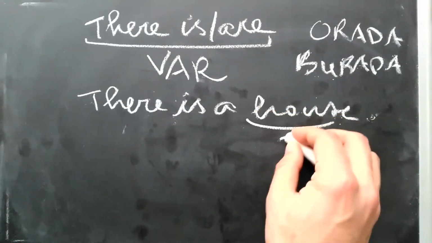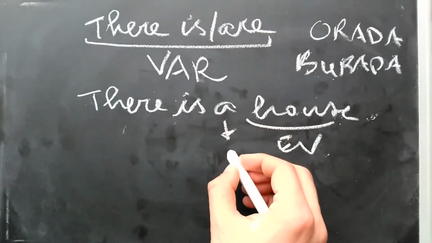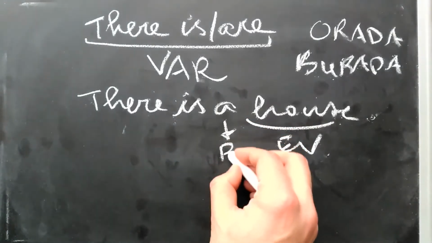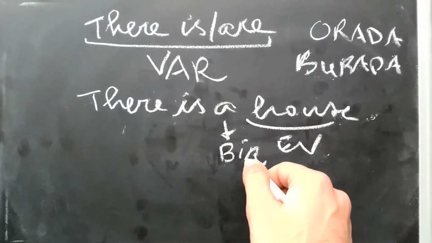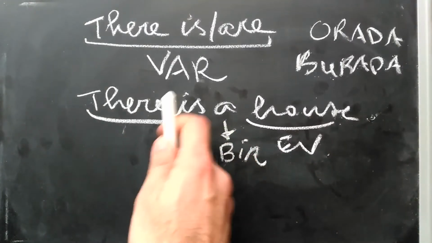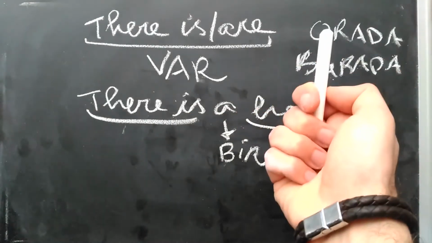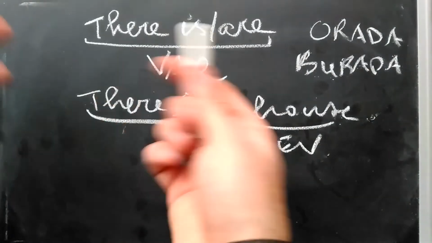Now, house is ev, and a is, I guess we did this, but let's use it actually for the first time, bir. And there is, it's not orada, this means over there. There is an expression meaning it is present.